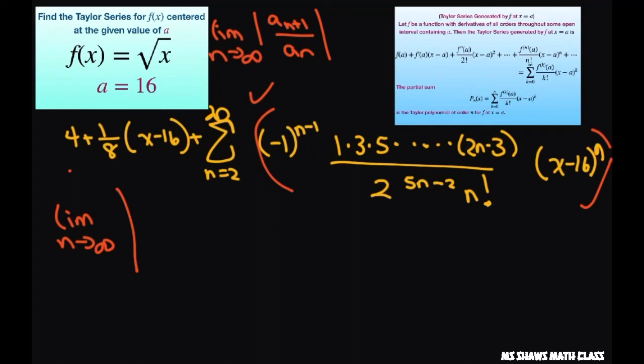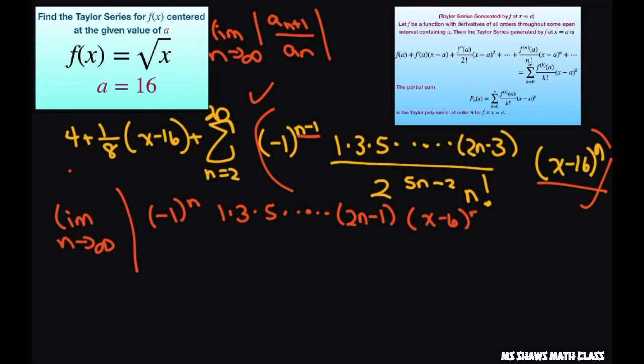All right, so when you do that, you're going to get the absolute value of negative 1 to the n power, because we're adding the 1 to that. Then we're going to have 1 times 3 times 5 times dot dot dot times 2n minus 1. And then putting this in the numerator, this is going to be x minus 16 to the power of n plus 1.